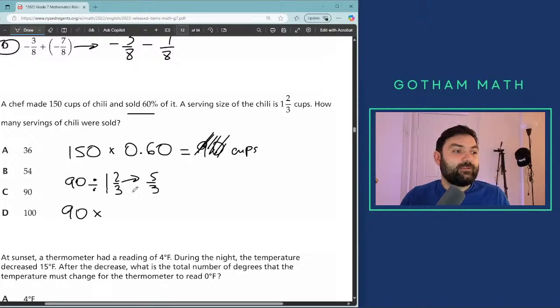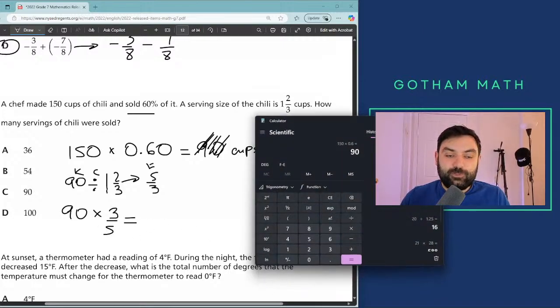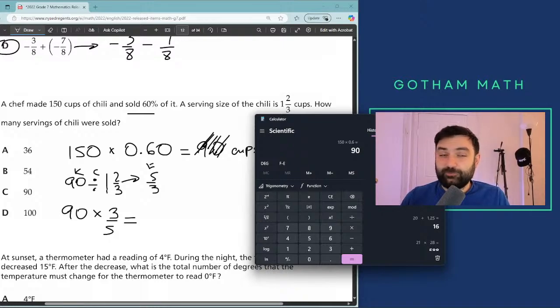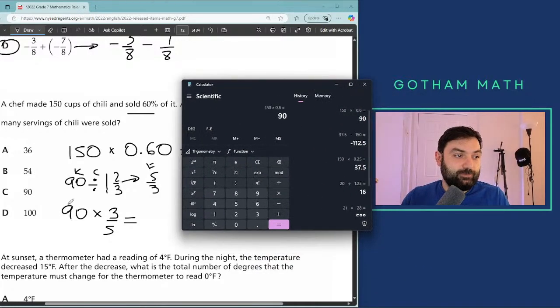So then we want to do keep, change, flip, right? So it's going to be 90 times 3/5. And if you have a calculator which doesn't do fractions, I'll show you how to multiply by a fraction without actually writing a fraction.